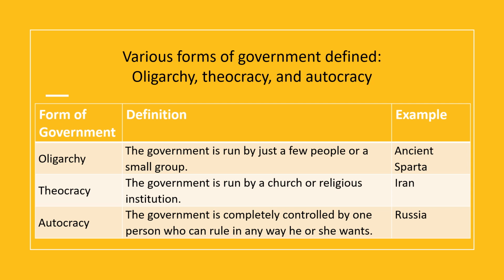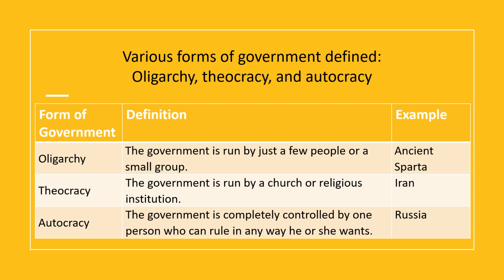A theocracy is a government that is run by a church or a religious institution. This approach to governing is practiced in modern-day Iran. In an autocracy, the government is completely controlled by one person who can rule in any way that he or she wants. This approach to governing is practiced in modern-day Russia.